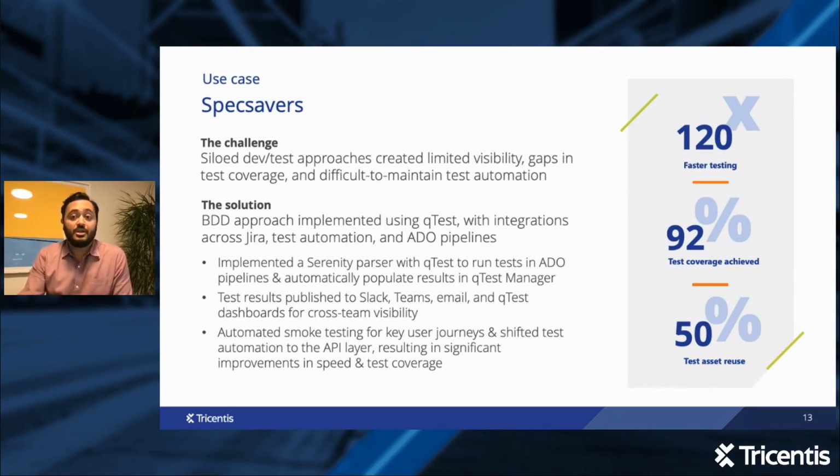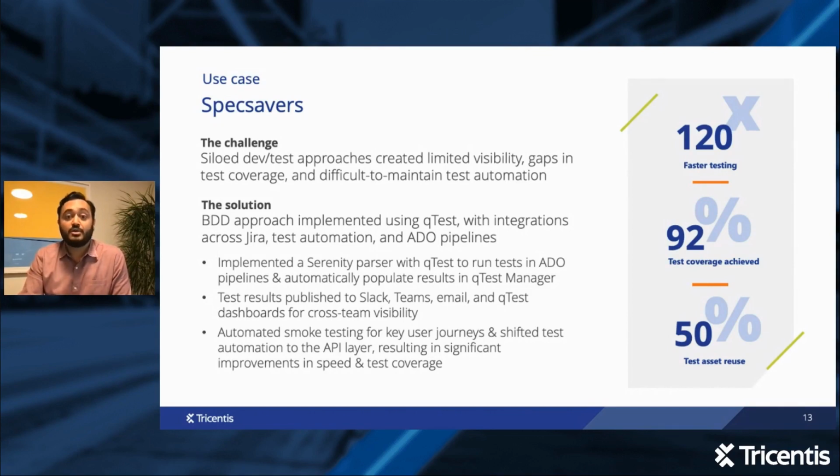They eventually adopted Qtest and integrated a BDD approach, and let's see what that helped them with. Qtest enabled them to create a streamlined test automation strategy that focuses on the riskiest areas of the release first, and then shifting testing to the API layer, which has both improved test coverage and reduced the number of test scripts that they maintain on a day-to-day basis.